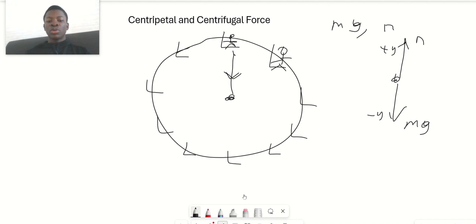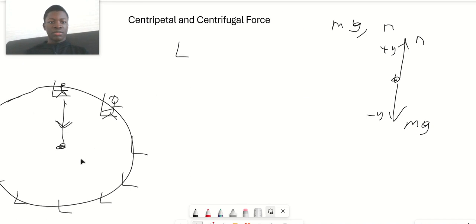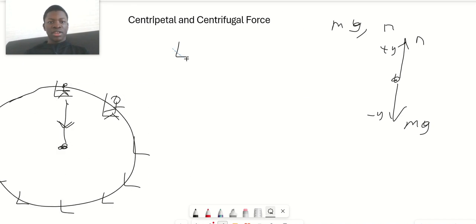So we are going to see the forces acting on the system. I'm going to move this diagram over here, and this chair.